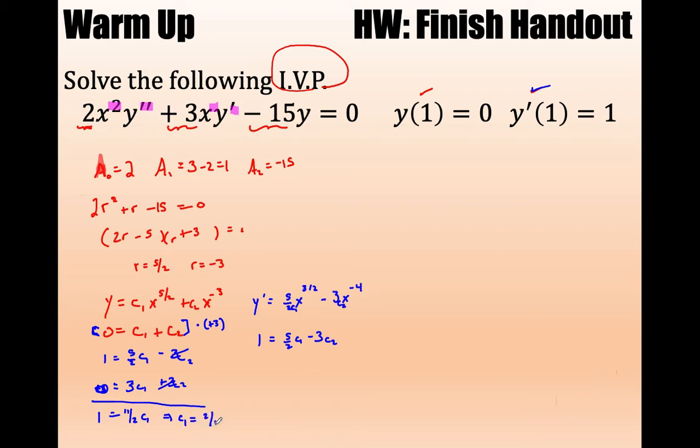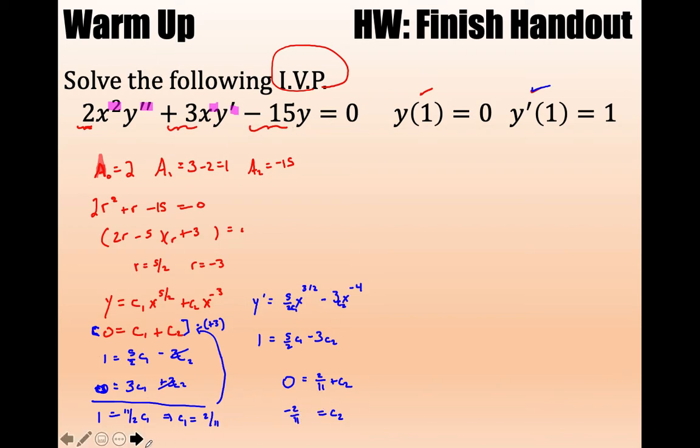Yes? And if C1 is 2 over 11, plug back into here. So what is C2? C2 is just negative 2/11, right?